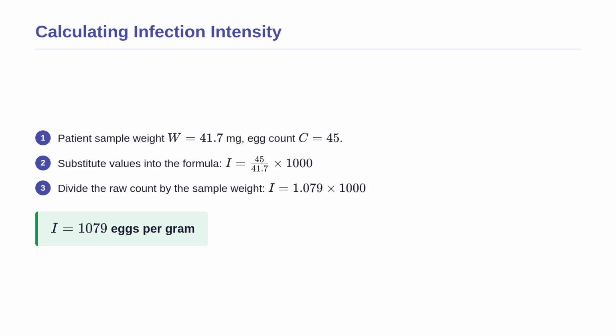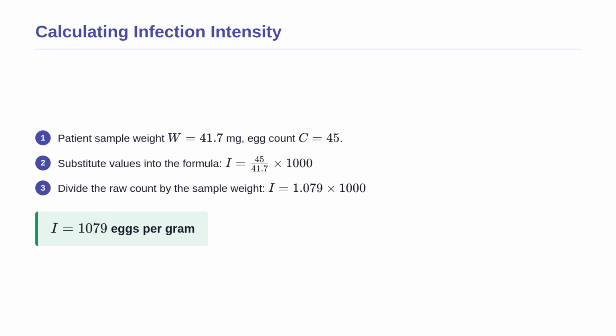Now that we have our formula, let us put it into practice with a clinical scenario. A patient presents with symptoms of an intestinal fluke infection. The lab prepares a smear using exactly 41.7 milligrams of stool and counts 45 Fasciolopsis buski eggs. We need to find the standardized intensity.